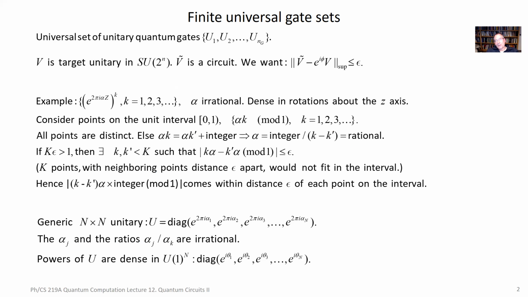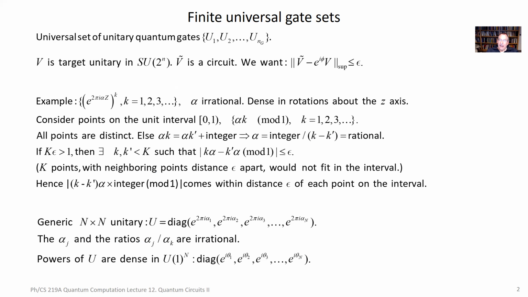And so the points that I can realize, the different rotations, are multiples of alpha, this irrational number, by the integer k, but modulo 1, okay? Because when I rotate by 2 pi, I'm back to the identity again, and I just want to know how much additional rotation I have beyond 2 pi, or equivalently here, I'm only interested in the non-integer part of alpha times k, modulo 1.